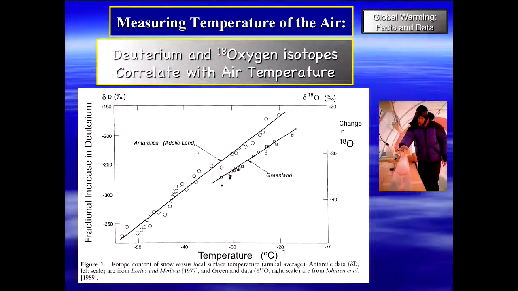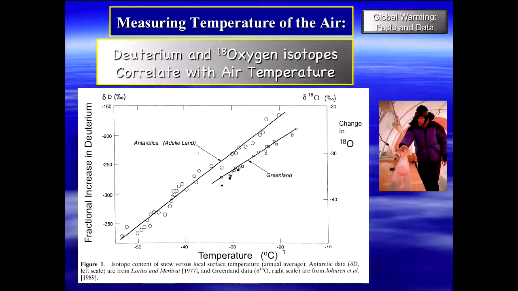And it's very easy for chemists to measure the amount of deuterium or oxygen trapped in those ice cores. And it turns out when you graph the amount of deuterium or the amount of oxygen as a function of the temperature when the snow fell, look at the beautiful correlation.